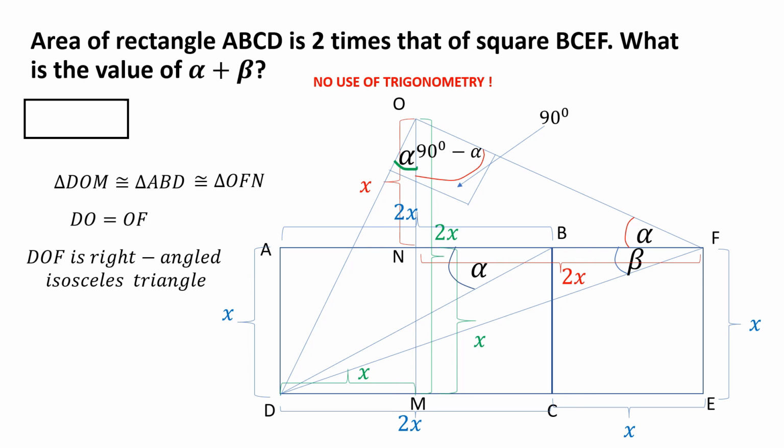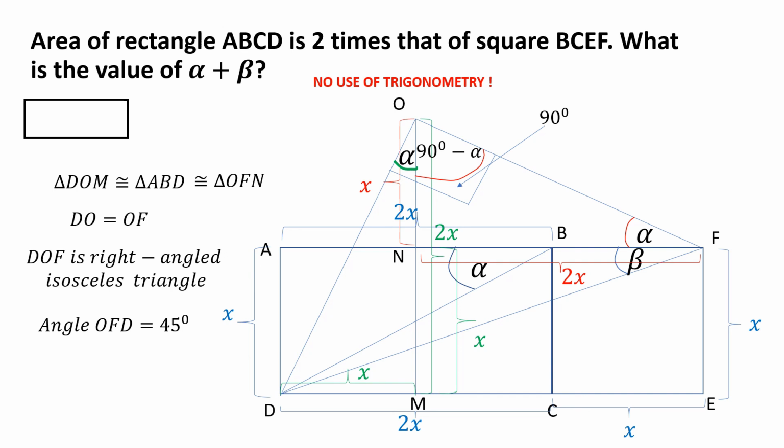And in a right-angled isosceles triangle, the angles are 90, 45, 45. We already know that angle DOF is 90 degrees. So the other angle of the triangle DOF, it being a right-angled isosceles triangle, namely angle OFD, must be equal to 45 degrees. But what is angle OFD?